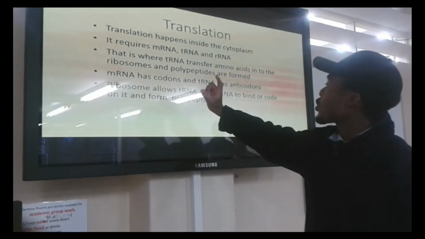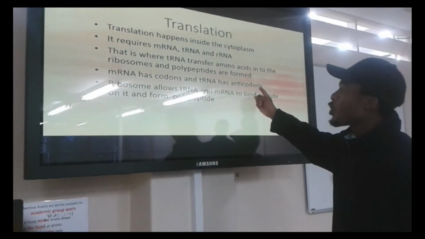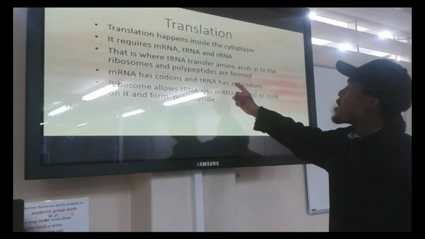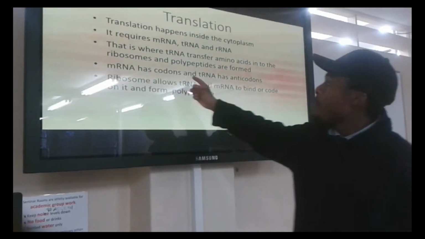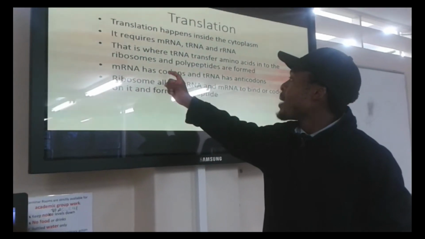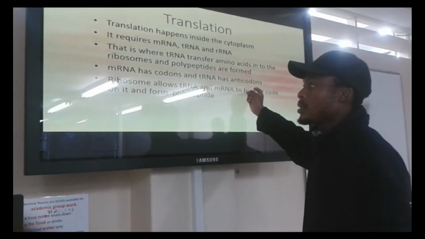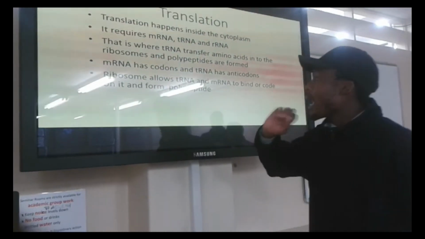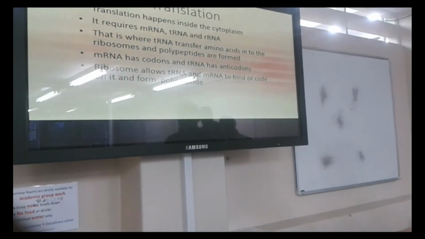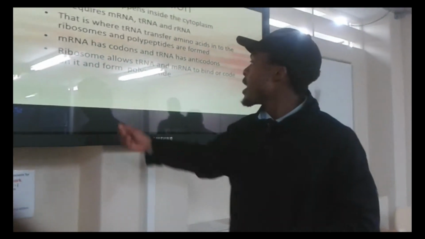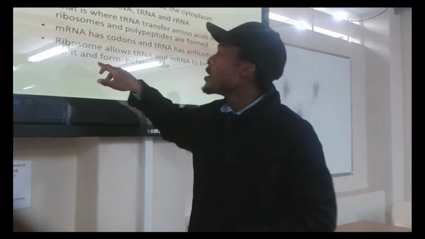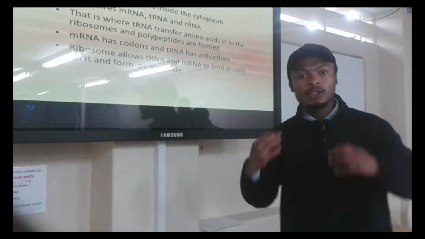The messenger RNA has codons, and tRNA has anticodons. tRNA carries amino acids, and they bind onto mRNA. The mRNA determines the sequence of amino acids. So the ribosomes allow tRNA and mRNA to bind and form polypeptides. They bind on the ribosomes in the cytoplasm.